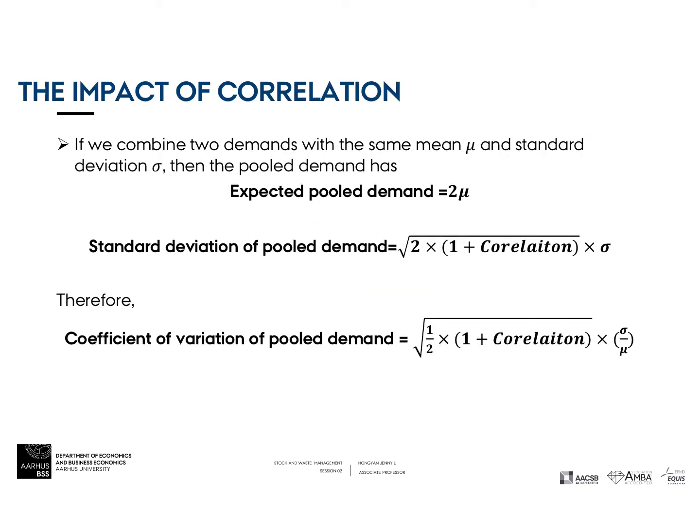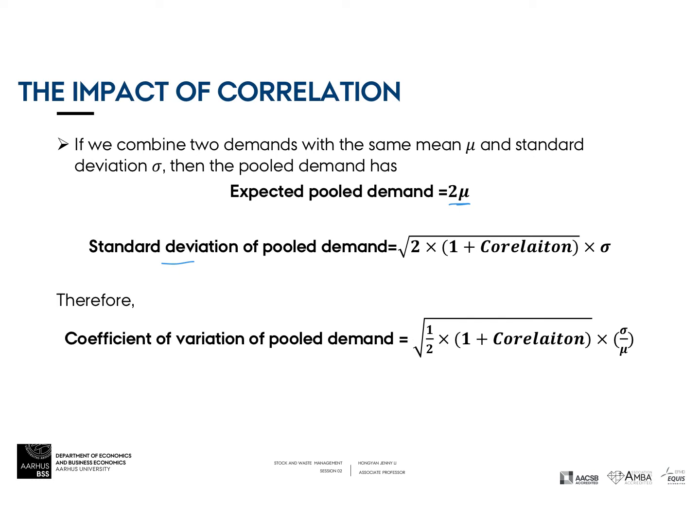So first, let's see the impact of correlation. If we combine two demands with the same mean and standard deviation, then the expected pooled demand is 2 times the average demand of each product. The standard deviation of the pooled demand is the square root of 2 times (1 plus correlation) times sigma.